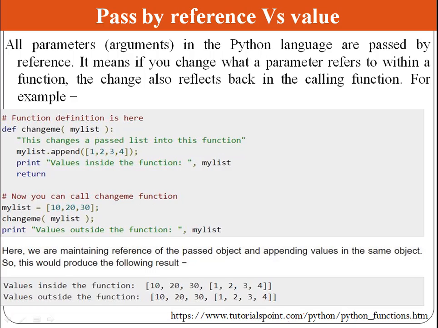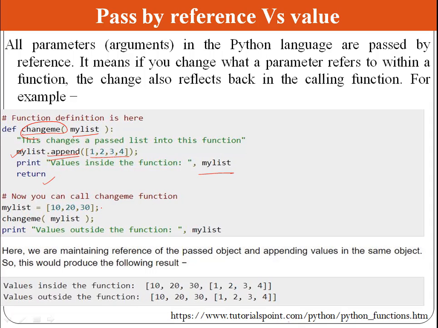This is the definition of the function changeme, and you are providing some argument over here. So here my list dot append. You are appending with this, you are printing my list and you are returning. Then you are initializing my list with this, then you are passing my list to it.